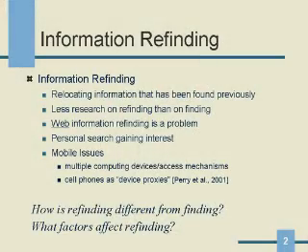So let me start off by defining what I mean by information refinding. There's a lot of research that's been done on how people find information. If you think about all the work that's gone into search engines and in the information science community and library science community, there's a lot of work that's gone on in terms of modeling how people find things.